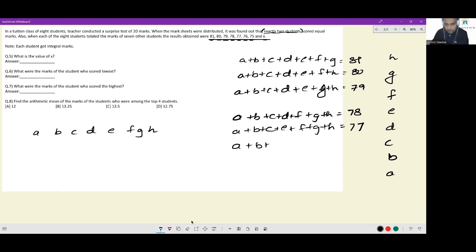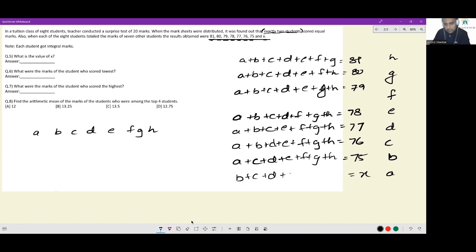Then D plus E plus F plus G plus H with A, B excluded as needed gives 76, then 75, and finally I have X when I have B plus C plus D plus E plus F plus G plus H. This is the list of equations.